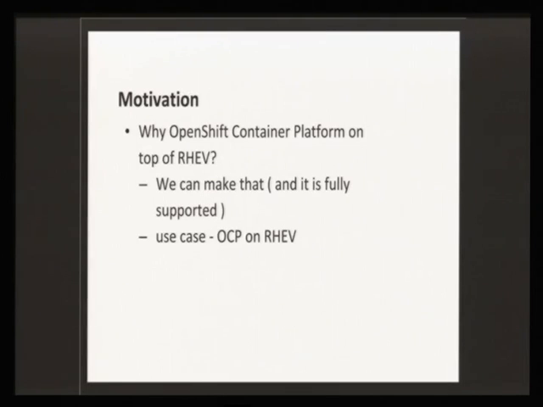And this could be particularly interesting for the customers who want to use Openshift and all the features it offers, but at the same time, they don't have enough skills and knowledge to build it on top of OpenStack.